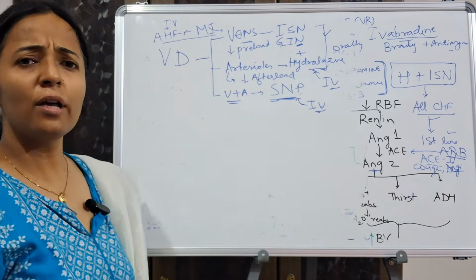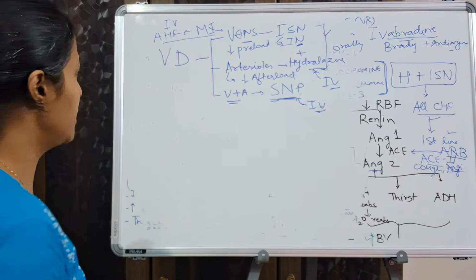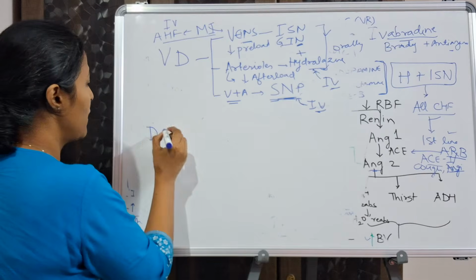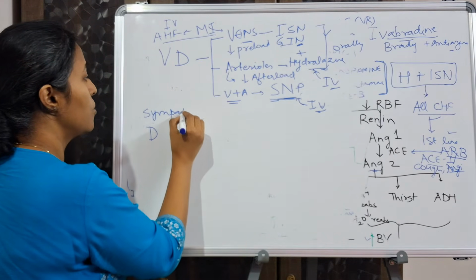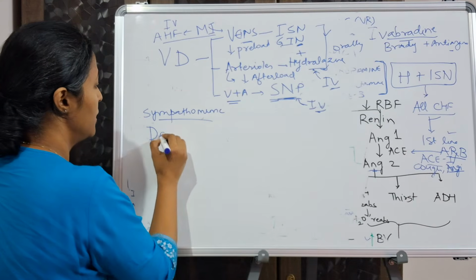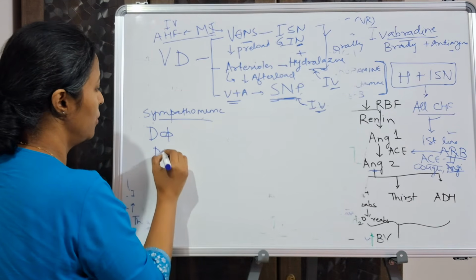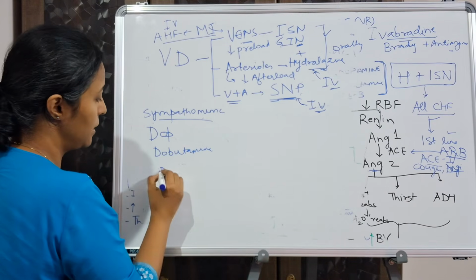Now we have been talking about a lot of IV drugs. What are these intravenous drugs which we have talked about? One is the sympathomimetics, that will cause an increase in the contractility. What are these? These are dopamine, dobutamine. Then we talked about PDE3 inhibitors.